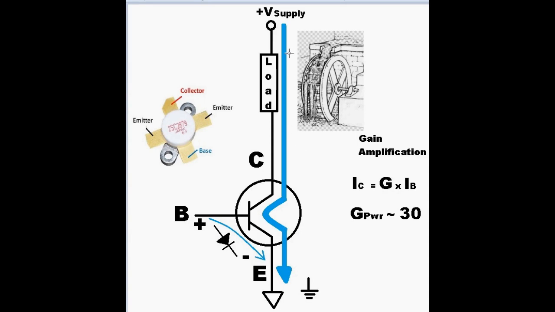We're going to actually get useful work from this current flow by putting a load in the path from the supply to the transistor to ground. And that's shown here. You can think of it as a water wheel. It's a waterfall flowing down, and it's creating work as it goes over the water wheel. The same thing is happening when we pass the current through the load, through the conducting transistor to ground.